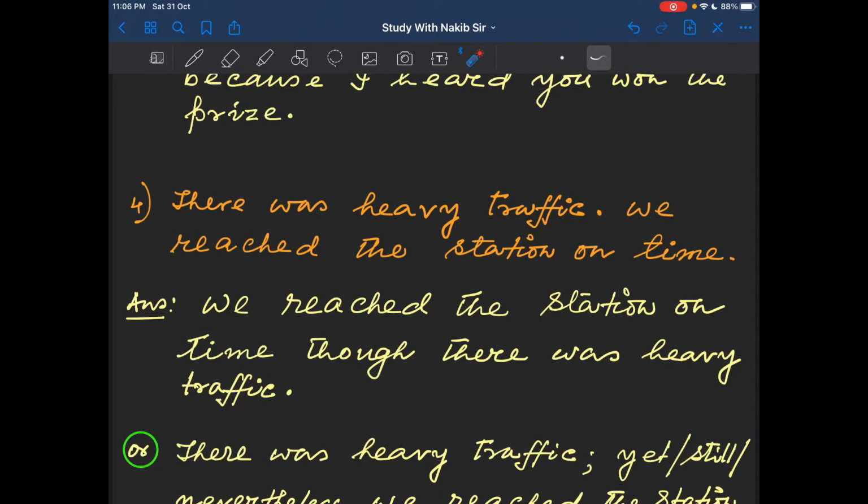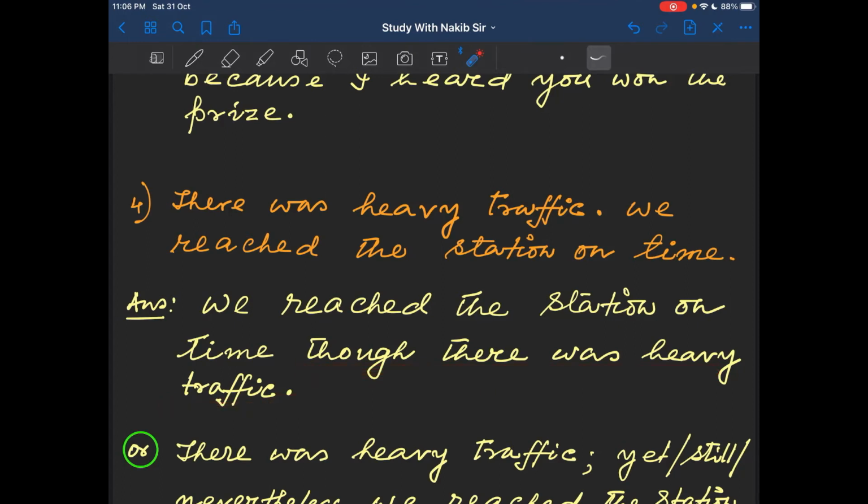Yes, result, but it is the opposite result, contradictory result or contrastive result. You know, when the result is contradictory or opposite or contrastive, we can use though, although for the complex sentence and in spite of for the simple sentence. See your combination. We reached the station on time, though there was heavy traffic. Okay, though there was heavy traffic.